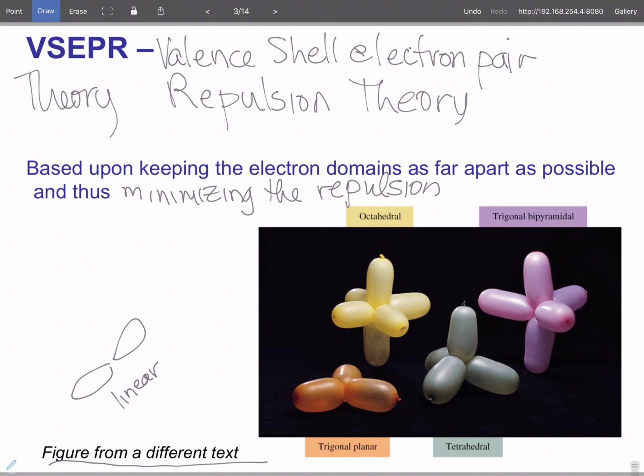Because balloons attract electrostatic charges, so they tend to go negative, and so they tend to repel each other. Therefore, they automatically want to get as far apart from each other as possible. So the name of the game is, how far can they get from each other?